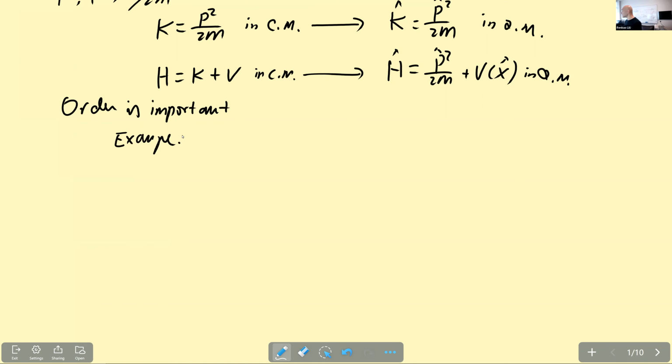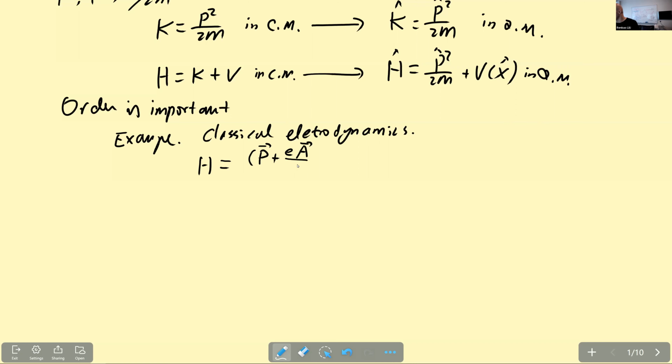We know that in classical electrodynamics, we have a Hamiltonian, the energy, that equals the momentum P, a vector, minus the charge of the electron, so we can put a plus right here, times the vector potential A divided by c, and then this squared over 2m.